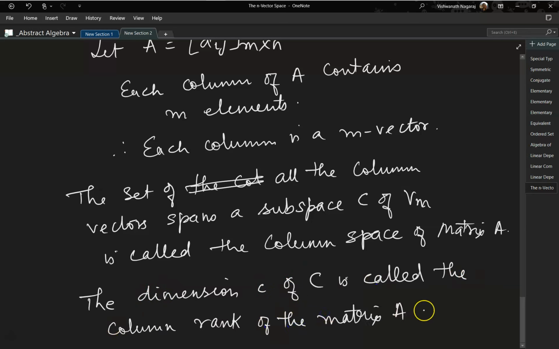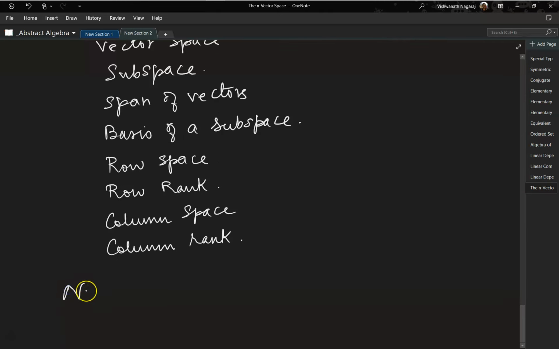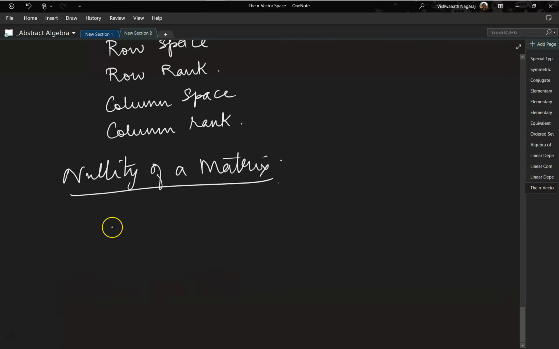So we have seen vector space, subspace, span of vectors, basis of a subspace, row space, row rank, column space, column rank. Now let's look at something called the nullity of a matrix. Okay, so let A is equal to Aij, which is an m by n matrix.